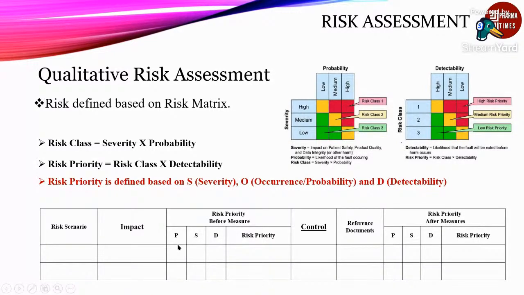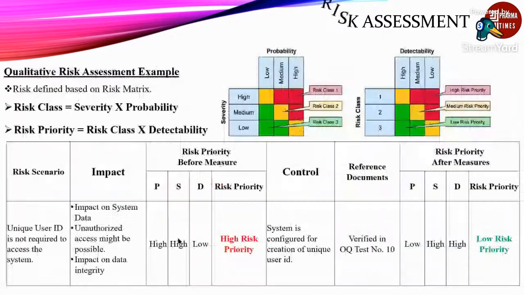You define probability based on the risk scenario and the impact. How many times the risk will happen, based on your thought process and routine observation, you define the probability. Then the impact based on that risk is called the severity.